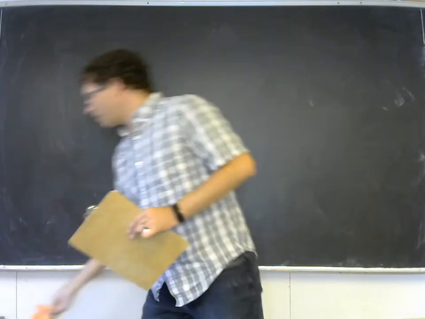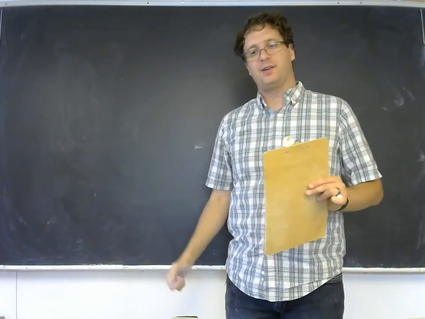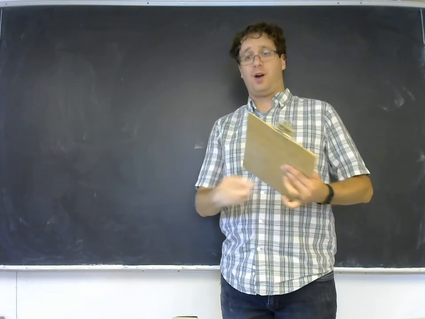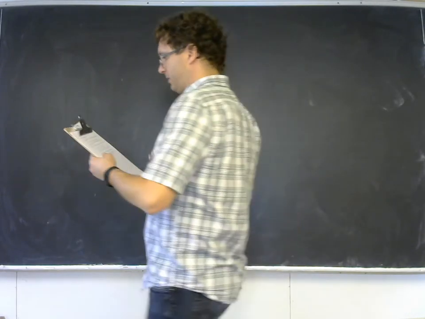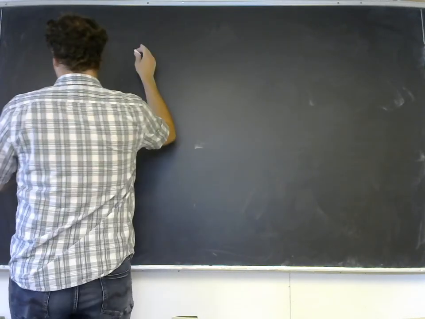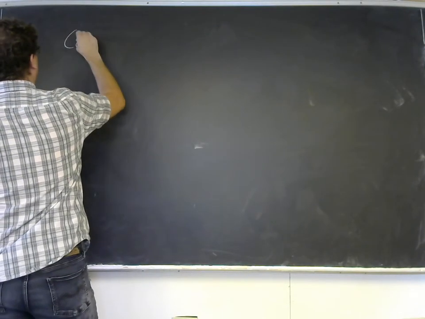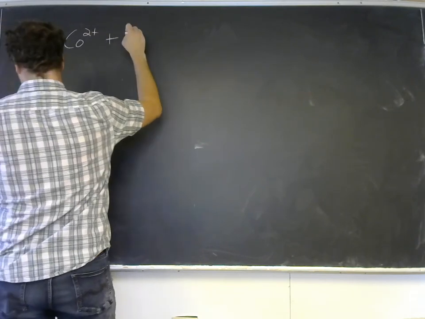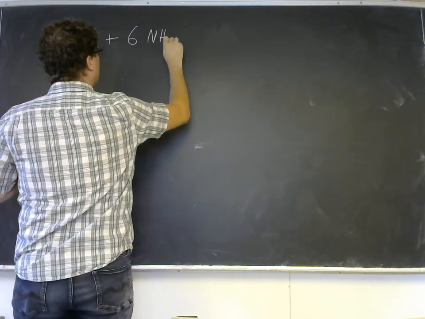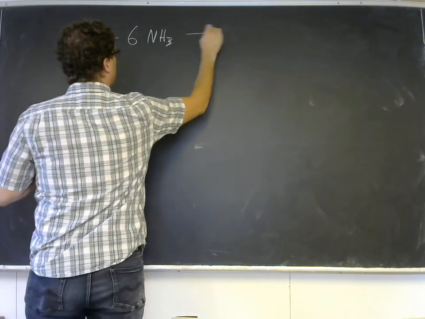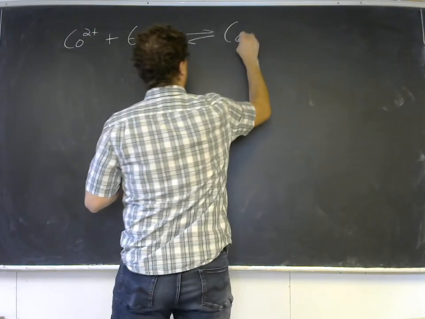We're going to run into a big problem. And I think it's best if we go through that process and hit that problem and see exactly why it is a problem. So we're going to go back to that cobalt reaction. Cobalt plus 6 NH3 in equilibrium with the complex.